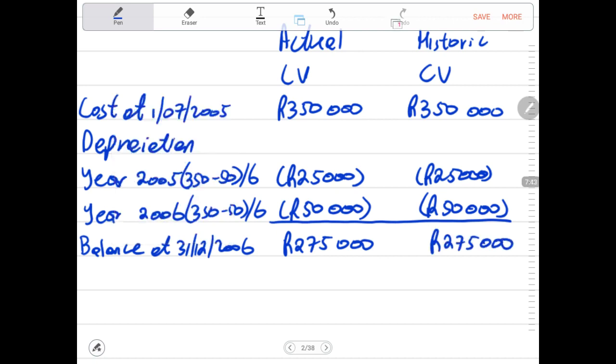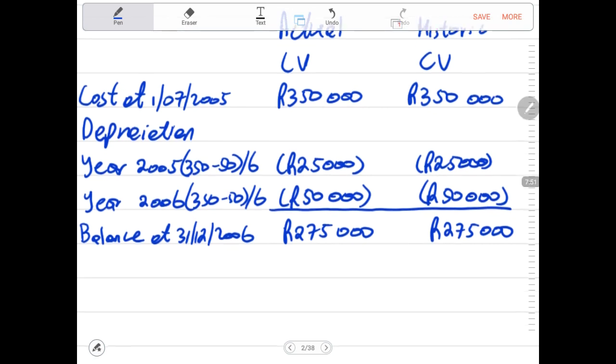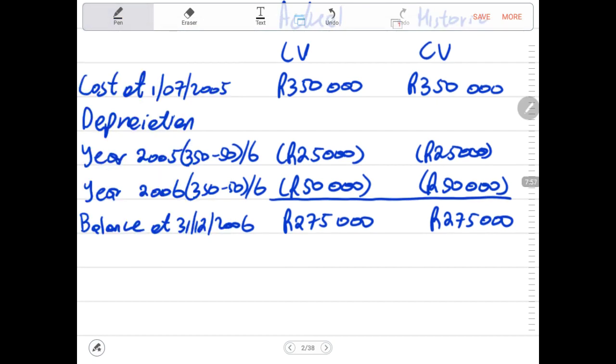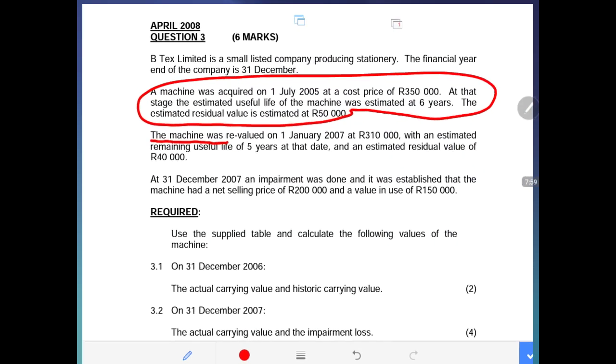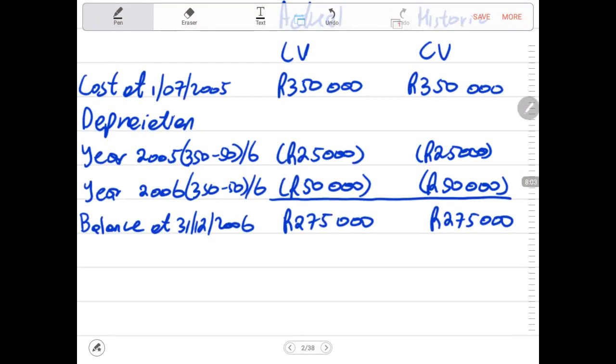We only change, remember, our actual when there is a revaluation or if there is an impairment, but we keep our historic column as a historic column. Now at this point there is a change in estimate, hence I'm also changing the color of my writing. Remember, we are sitting at the end of December 2006, a day before the 1st of January 2007.